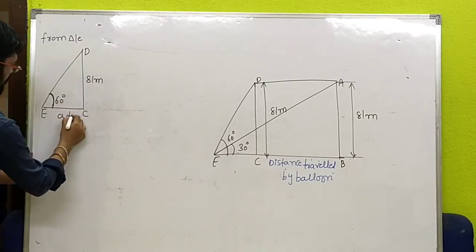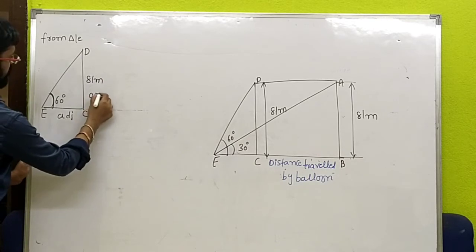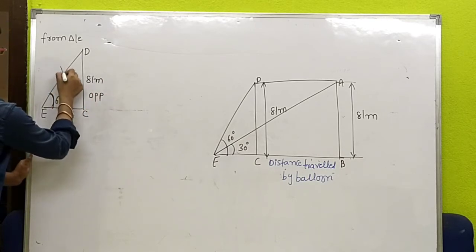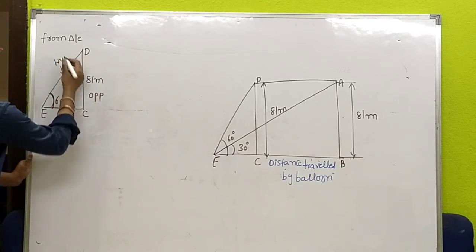This is the adjacent side, this is the opposite side, and this is the hypotenuse side.